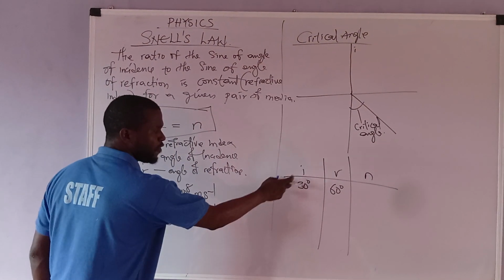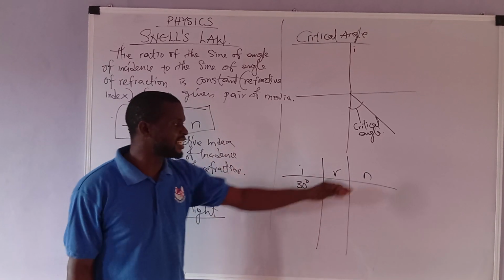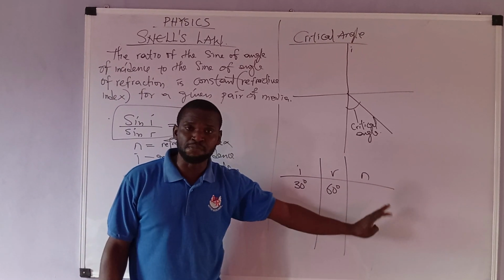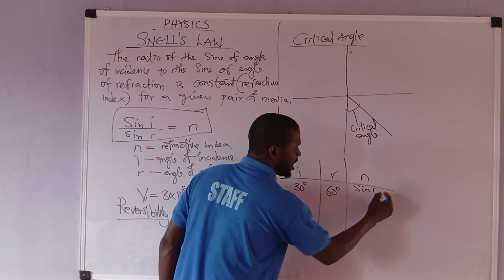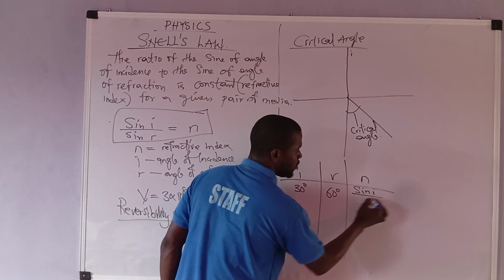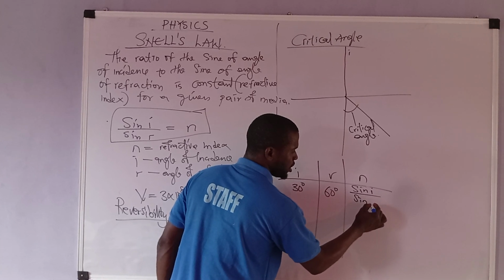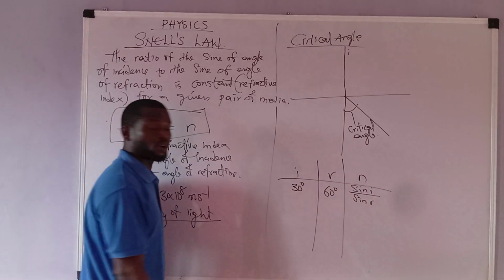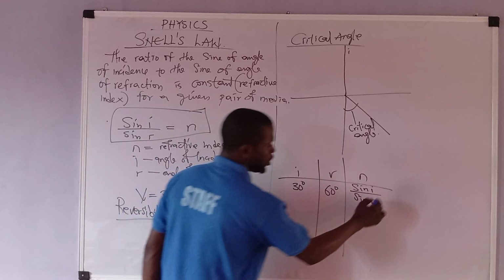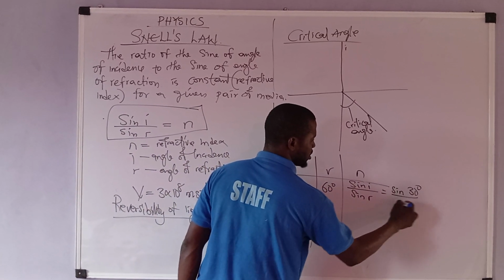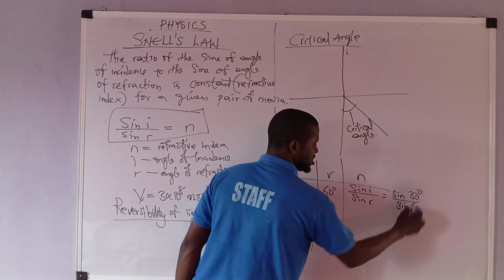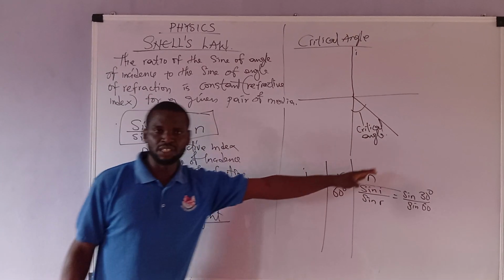So if you are given the angle of incidence and angle of refraction, you can easily calculate the refractive index of the media involved by simply taking the ratio of the sine of the incident angle over the sine of the angle of refraction. That gives you sine 30 degrees over sine 60 degrees, which gives you the refractive index.